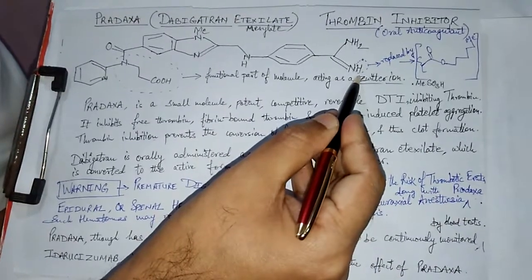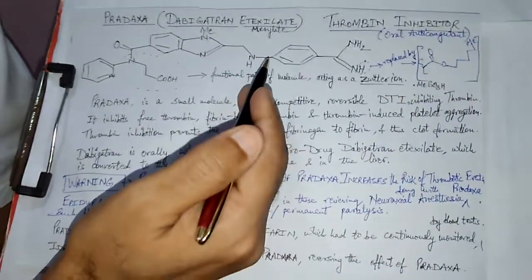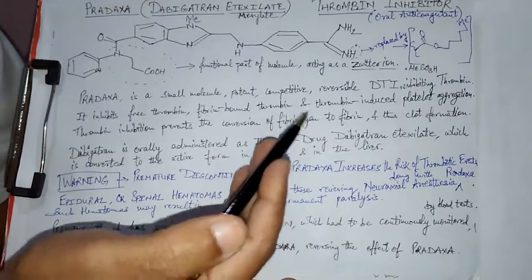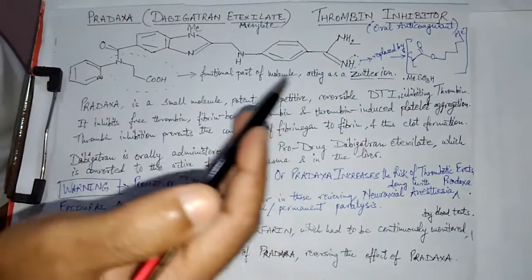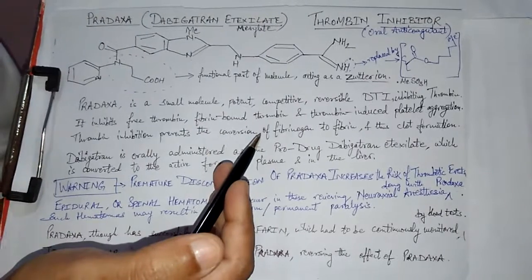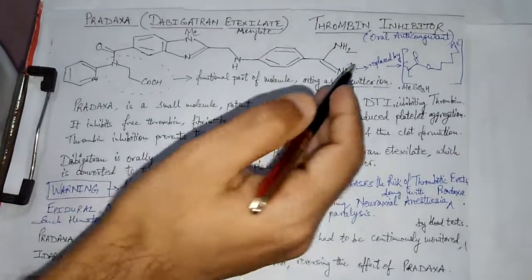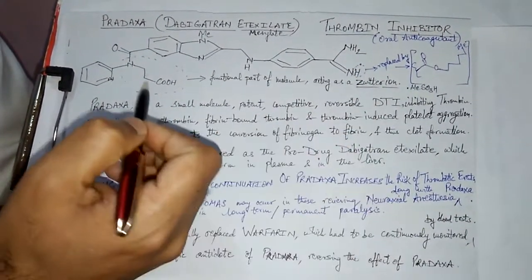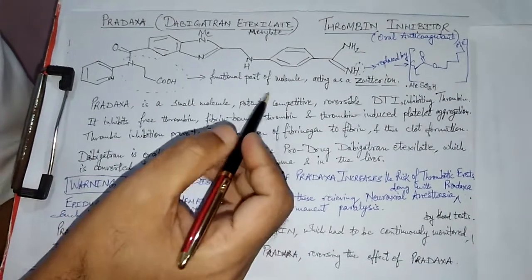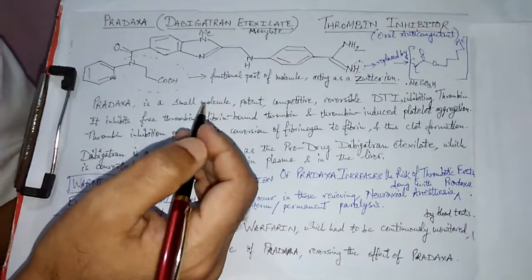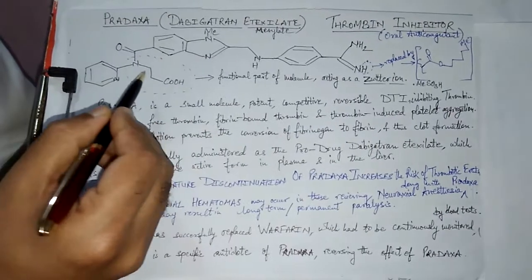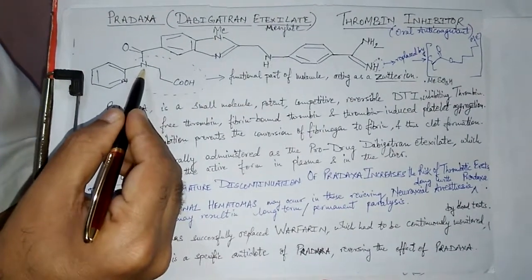And this moiety, when it goes into the body in our acidic milieu first of the stomach, then this disintegrates into the active drug, and the stomach acid, the gastric pH, facilitates the formation of a Zwitter ion.